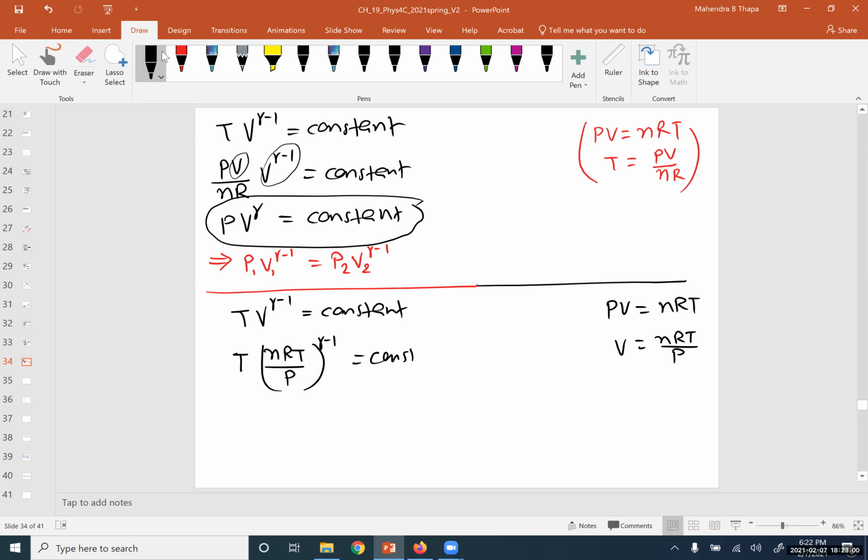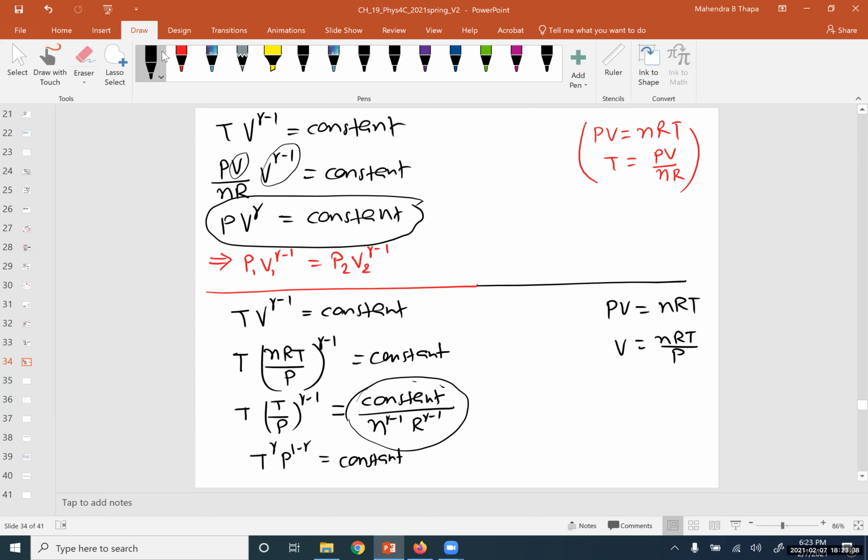So we can write T over P gamma minus 1. We can take the other constants to the other side. It will be constant. We can write n gamma minus 1, R gamma minus 1. So these will all be constant. So we can write T gamma P 1 minus gamma equals constant.